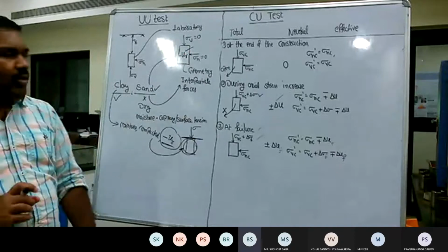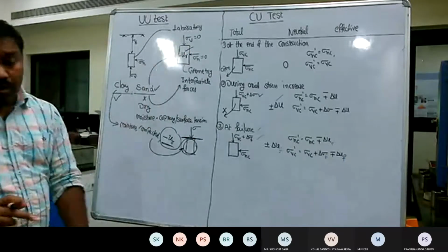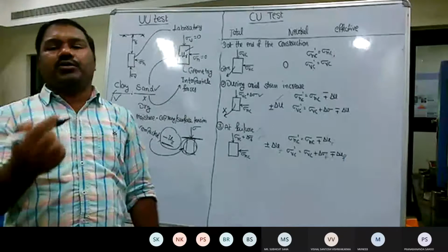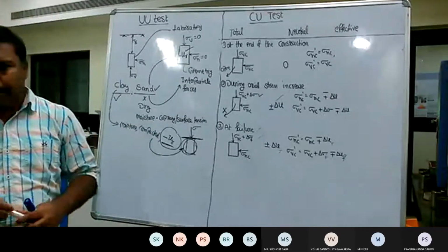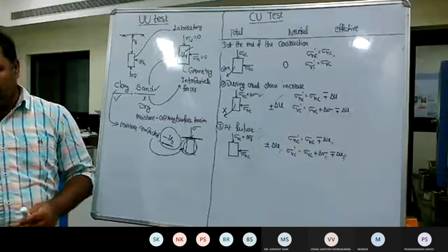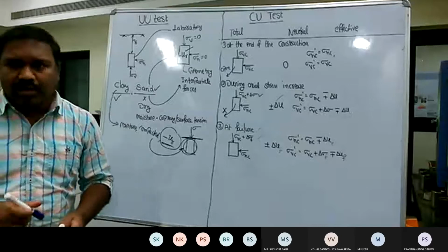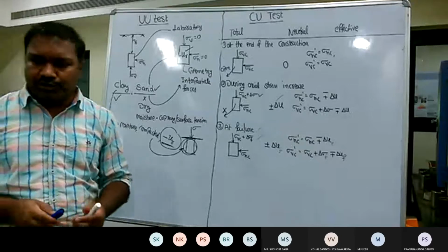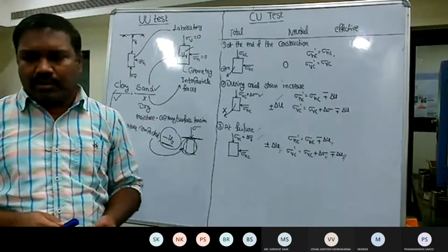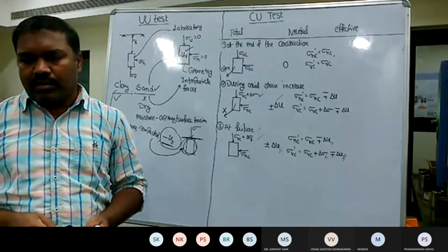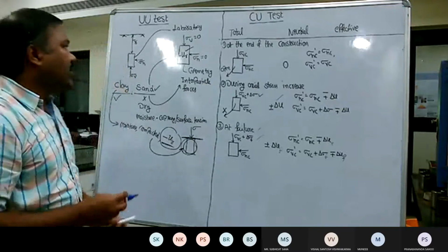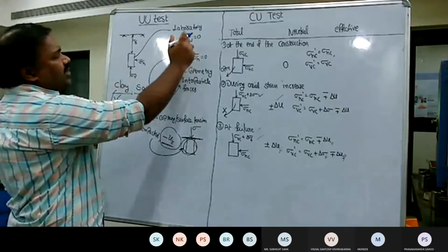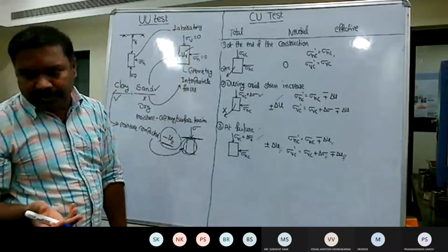Yes, sir. Okay, negative pore water pressure. Now, how will the negative be converted into positive? First of all, is it possible to convert the negative pore water pressure into positive? By exerting cell pressure, sir. Yes, by applying either cell pressure or axial stress.